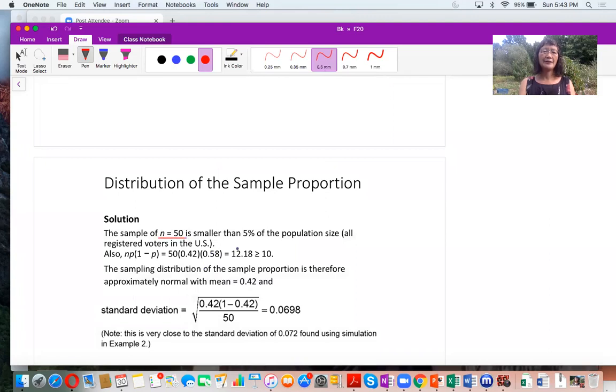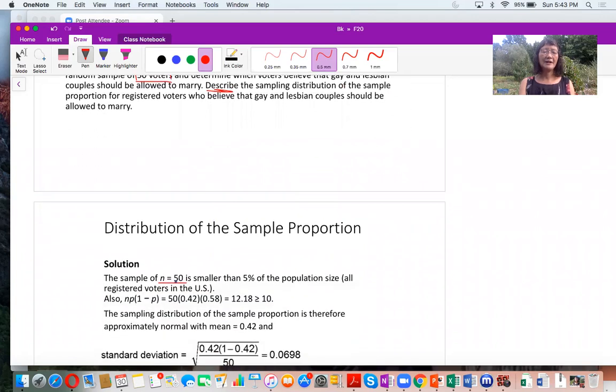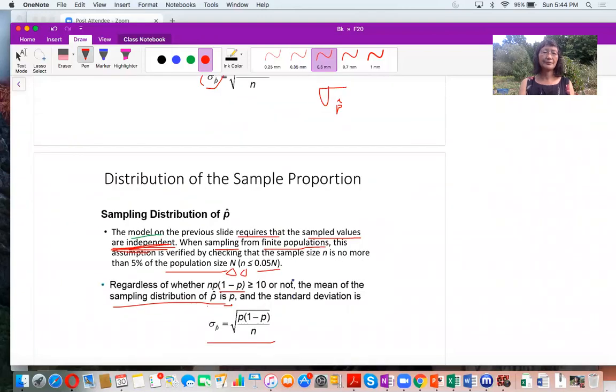We know the sample size 50 is given, n equal to 50. And this 50 is smaller than 5% of all voters in the United States. Why do you need to check this? Sample size less than 5% of the population size, you want to make sure of independence.